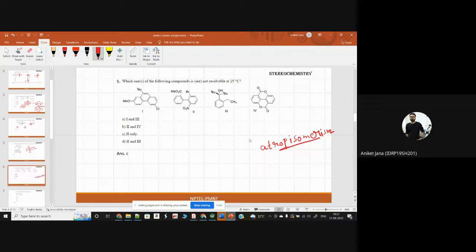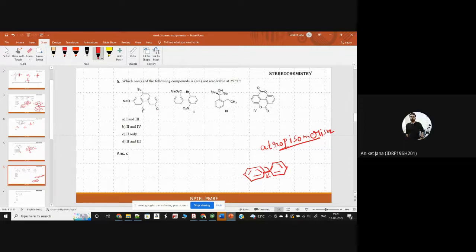Okay, so as we stated earlier, in atropisomerism at room temperature the flipping of the two rings, the two phenyl rings connected by a single bond, the energy barrier of this bond is very low, that is, at room temperature it can rotate around, right? So it can stay in any form, whether it is R or S. So tell me which one is not resolvable at room temperature.